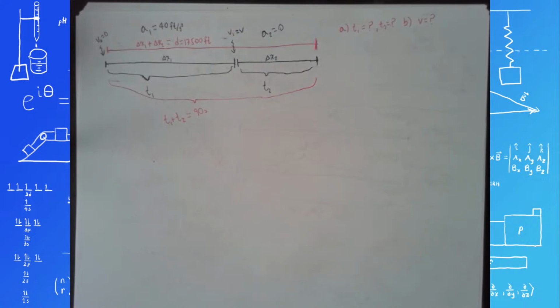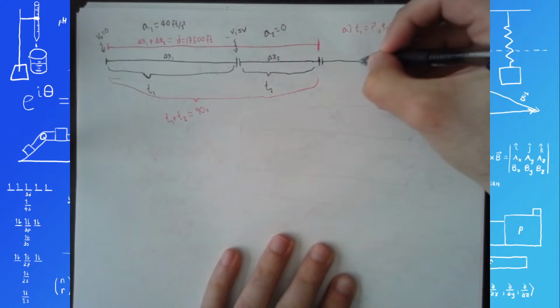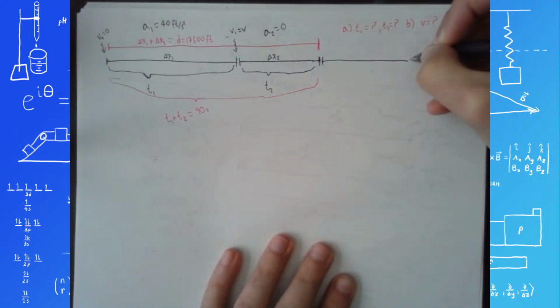So for part C, it says, at the 17,500 foot mark, the sled begins to accelerate at negative 20 feet per second squared. So go back to this pen, and we're going to have a delta x3 over here.